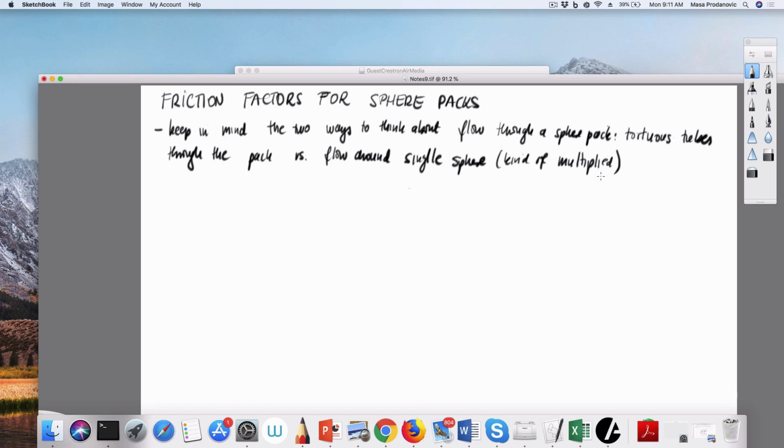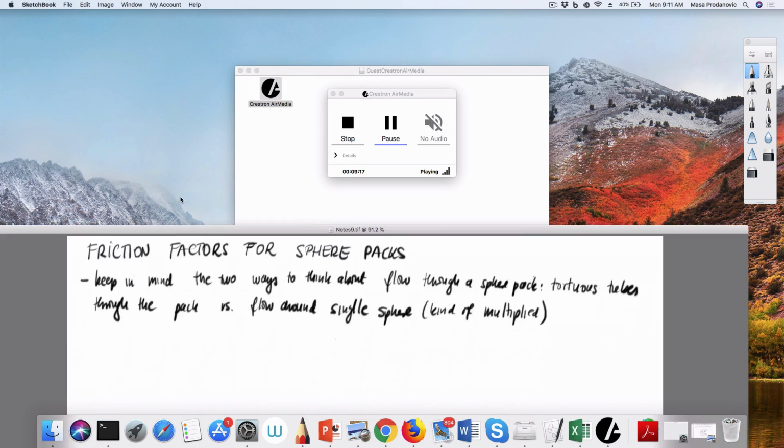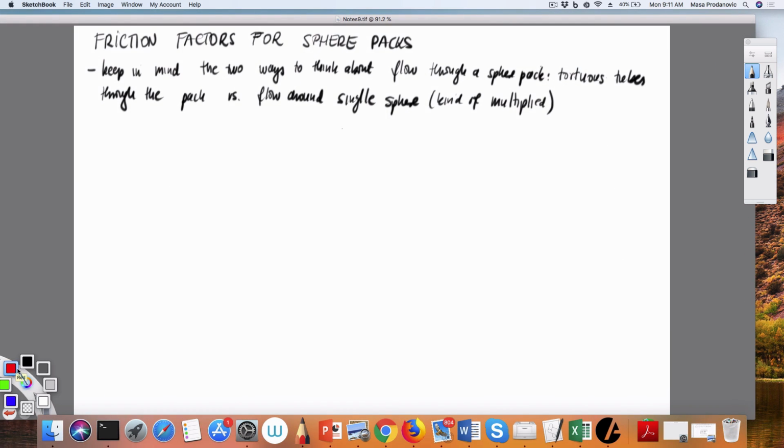Okay, so first we're going to define, I'm going to change my color here. I'm going to define what I call the friction factor for a bed of spheres, f_bed, similar to what we have for a tube, but I'm going to use the parameters that I have for sphere packing.